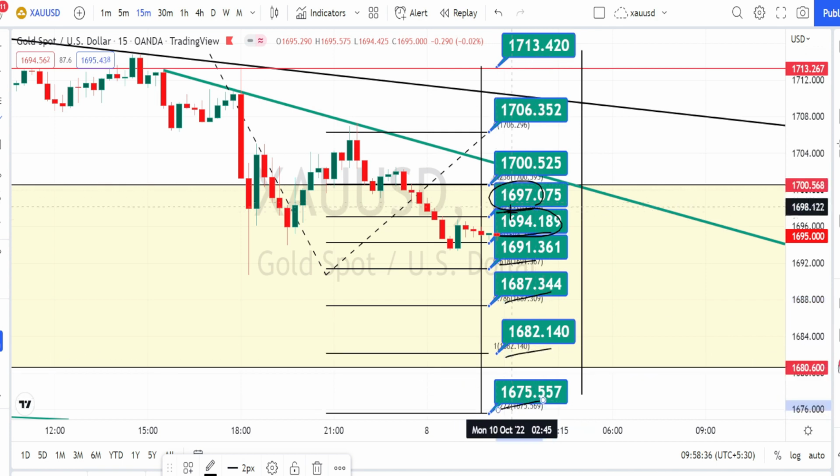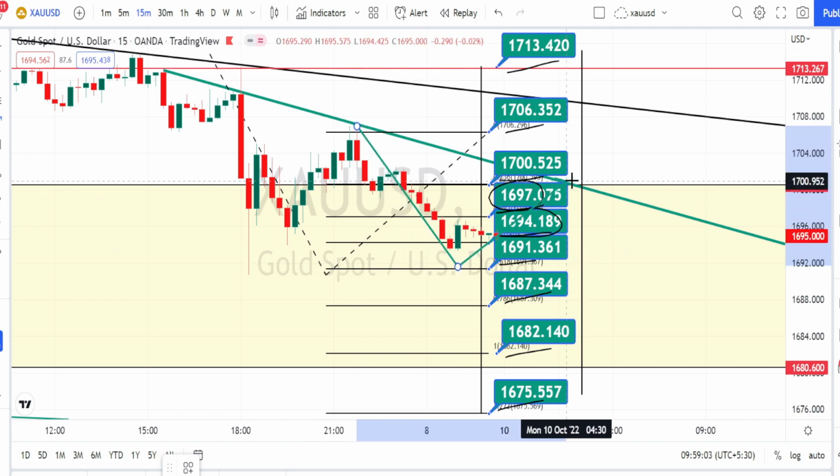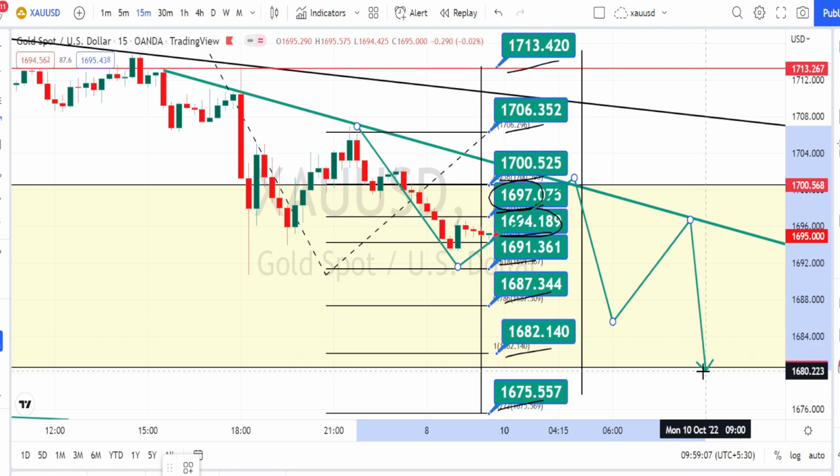And if the price action breaks the resistance level of 1697, next level of resistance is going to be around 1700, 1706 and 1713. And as long as the price action is trading below this 30 minutes time frame resistance line, we can expect the bearish trend to continue in the 15 minutes time frame.